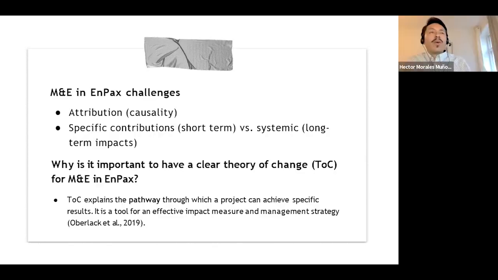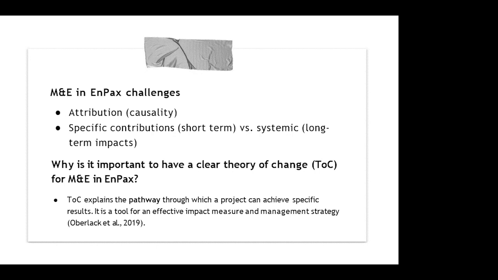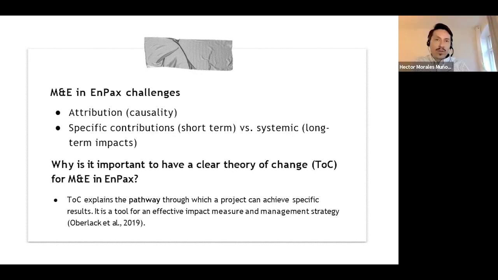Right. So my presentation is going to talk about how different tools of conflict sensitivity in a throughout research approach can help to tailor theories of change. So one of the main challenges in monitoring and evaluation in environmental peacebuilding interventions is the problem of attribution.